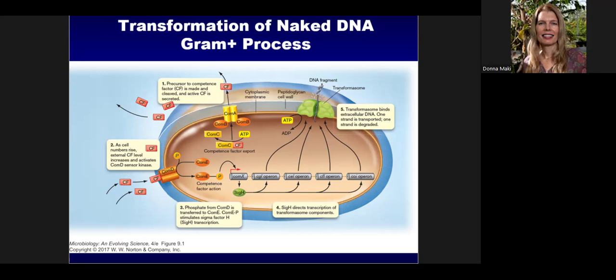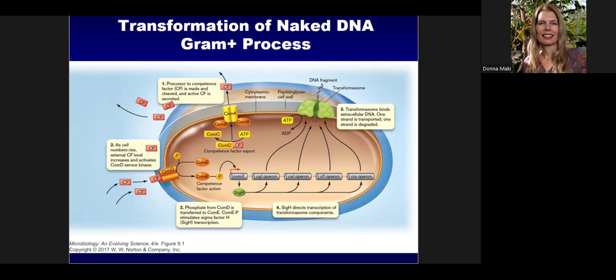And so, like I said in the previous slide, quorum sensing is involved. This is it, but you don't need to know any details yet. Just know that, yes, they are doing the quorum sensing. And then the transformosome complex. And what you're seeing here is fragments of DNA coming into the cell. So lots going on there, but for this section, you just need to know the basics.